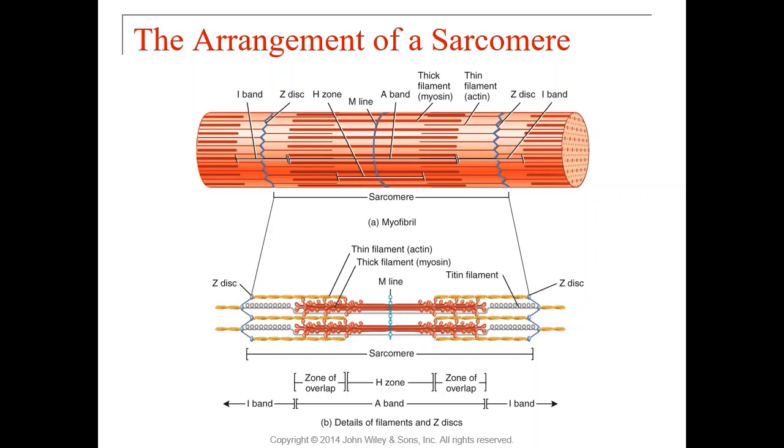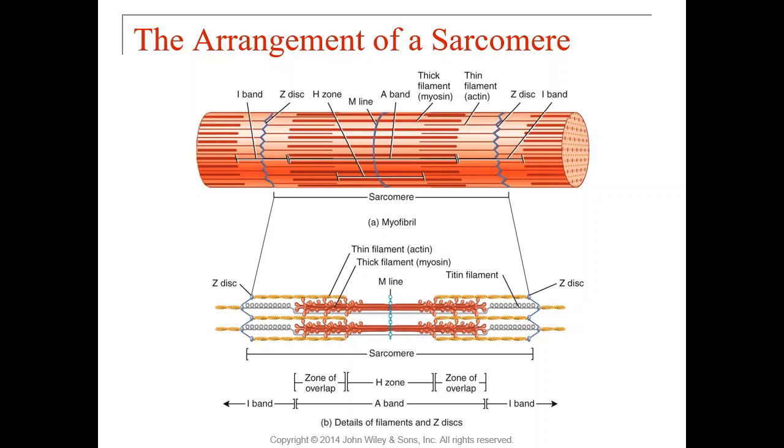For example, some of these proteins help us to highlight the beginning and end of a sarcomere, basically the boundaries of a sarcomere. They're what we call the Z-discs. So on the image, you see on either side is a Z-disc. It's called a Z-disc because it's this blue, zigzag-looking line.